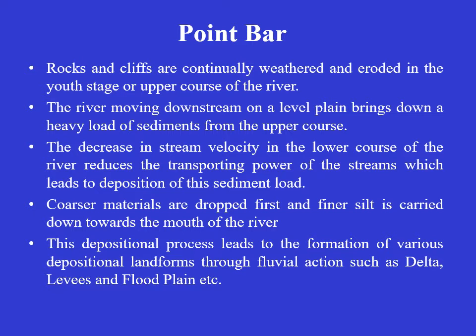Now if we look at the depositional sediment grain size within the point bar, you may find that coarser materials are dropped first and finer sizes are dropped over it.